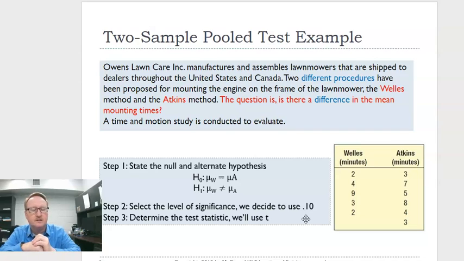Determine the test statistic. T, we're going to use the independent. Now this is called the pooled sample test example, but we're going to use an independent two-sample T. Independent meaning they're not the same. A dependent test, which they show later in this chapter, is normally when we're going to introduce some kind of treatment, or some kind of process to change things.